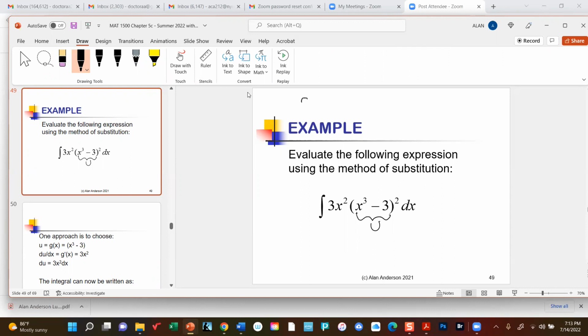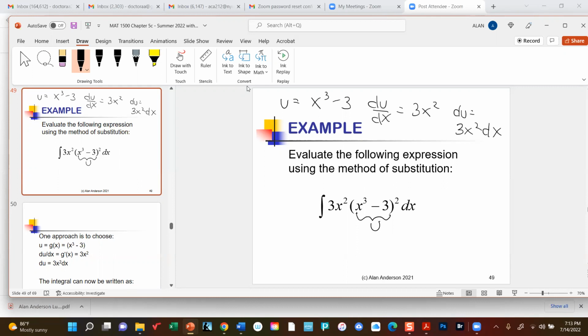But if we do it this way, u equals x cubed minus 3, then look how easy this becomes. Now, when you get to this point, you look at the integral and say, do I have this information or not?